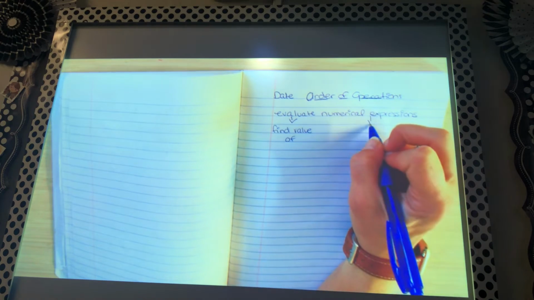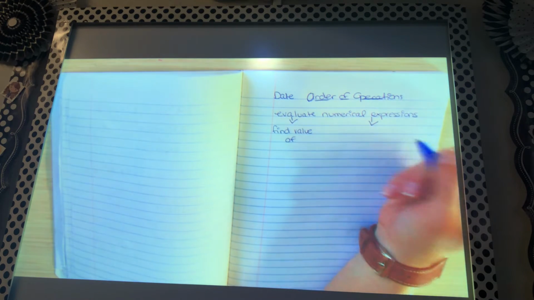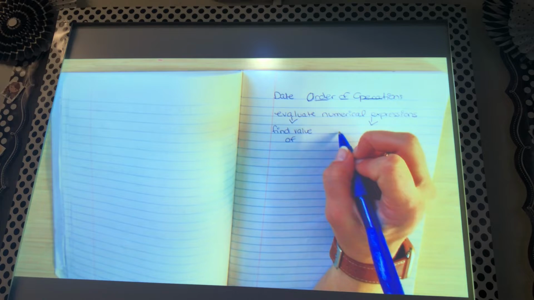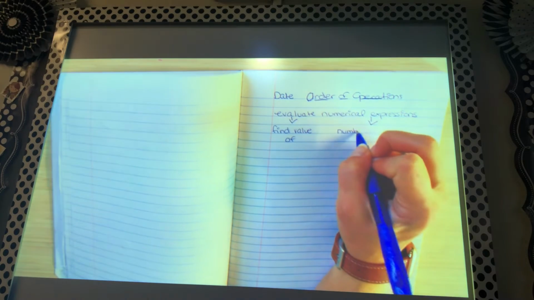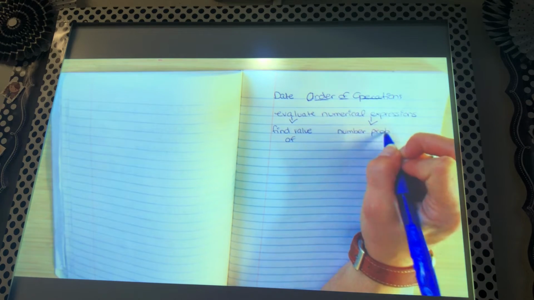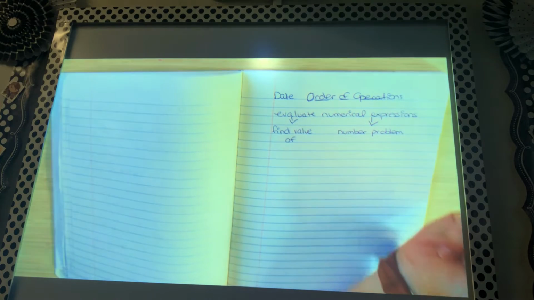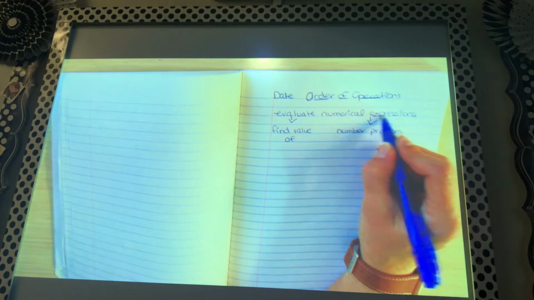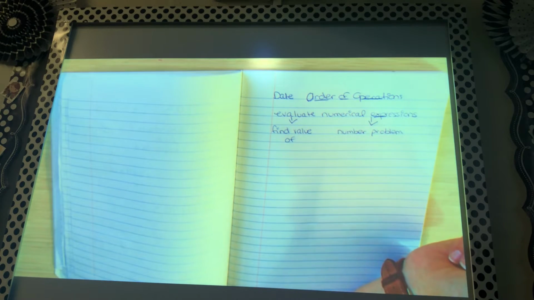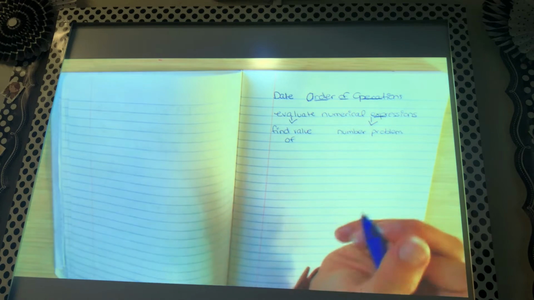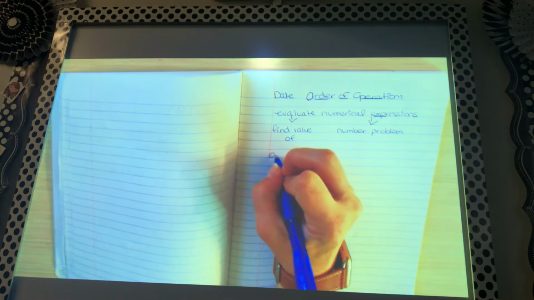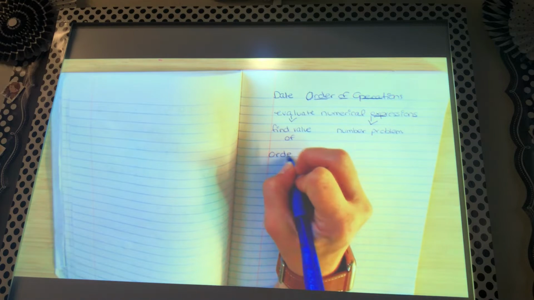And a numerical expression is essentially a number problem. And we do not, in expressions, include equal signs.